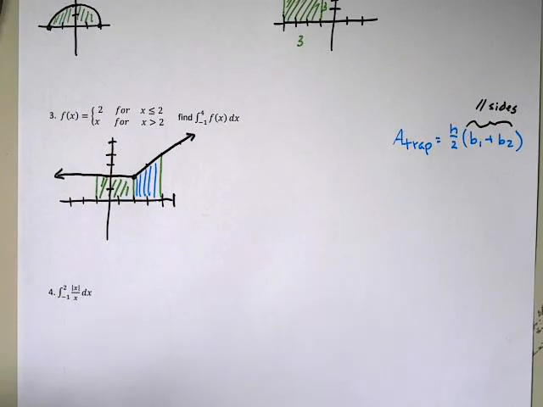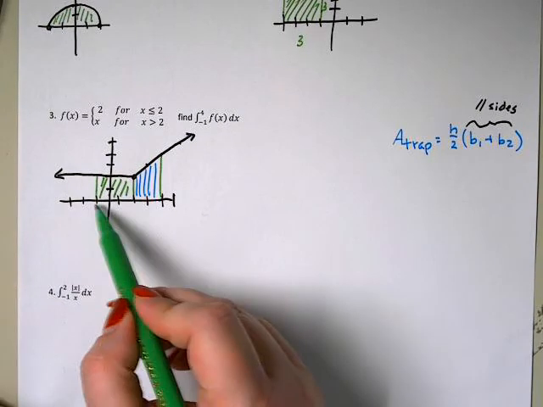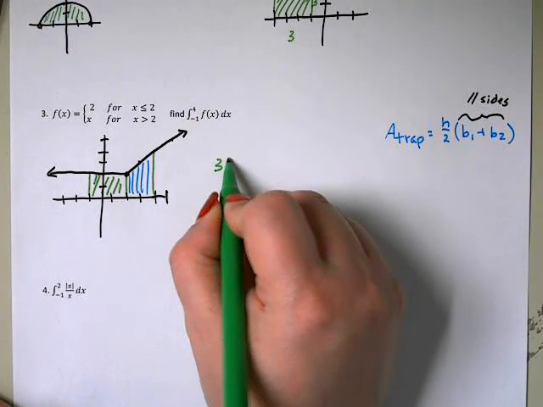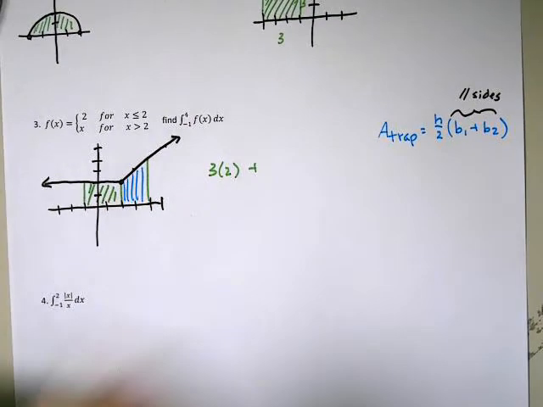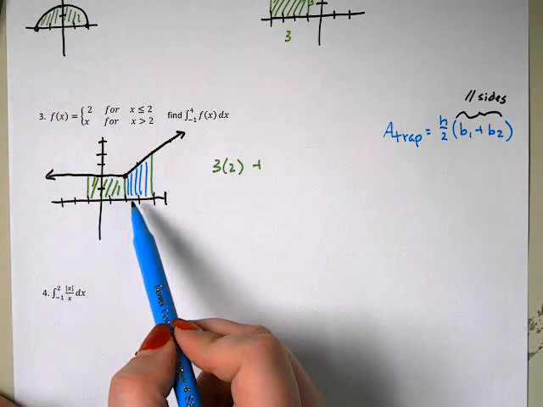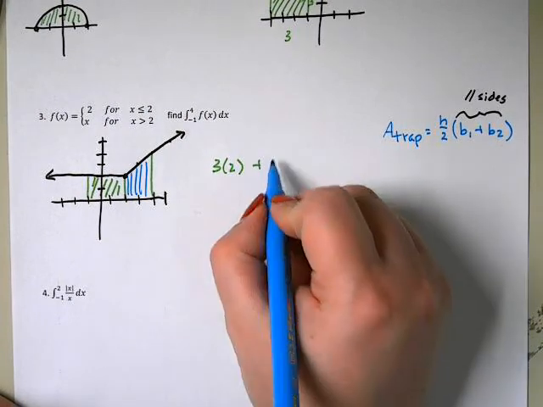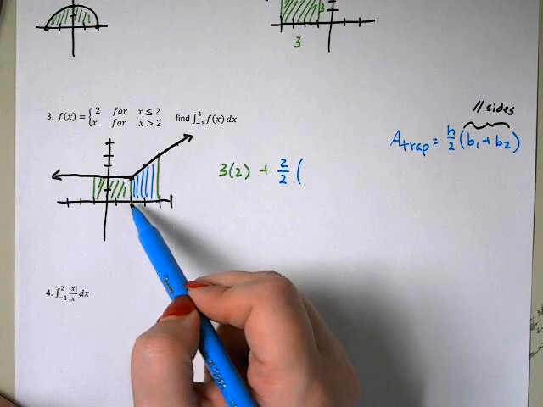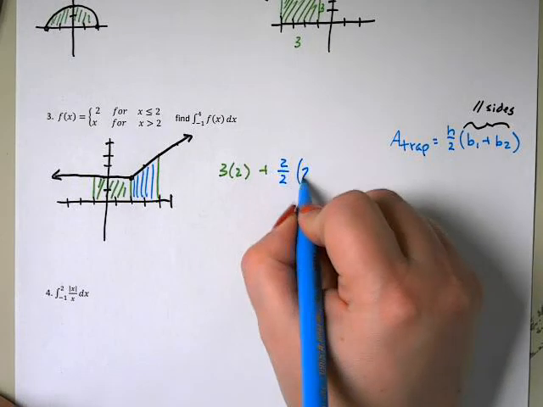So let's find the area of that rectangle first. So 1, 2, 3 by 2. And then plus, let's see, the height, so the distance between my parallel sides, which is 2. And then base 1, so that's right here, that's 2.